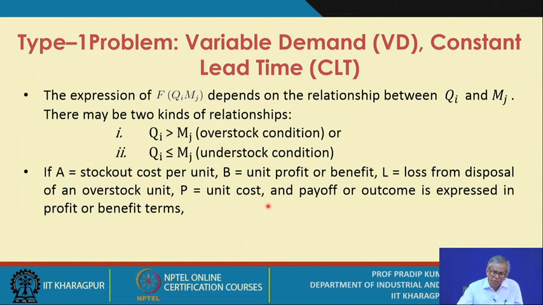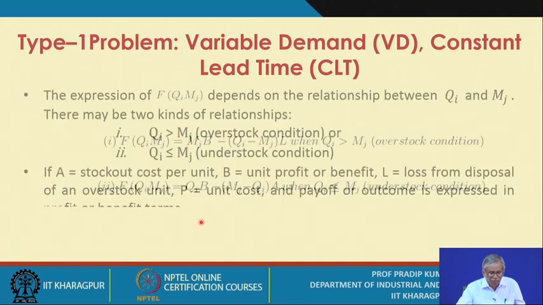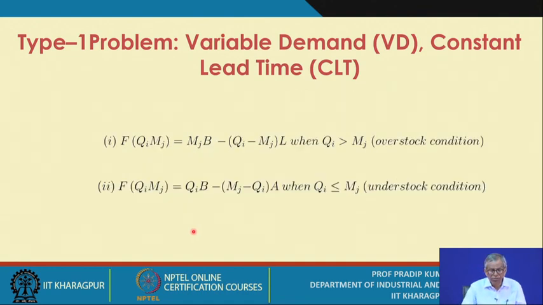P is unit cost, and payoff or outcome is expressed in profit or benefit terms. I have already mentioned that the payoff can be expressed either in terms of cost or in terms of profit or contribution to profit. So what will be the equation for the payoff under overstock condition? Qi greater than Mj is the overstock condition.